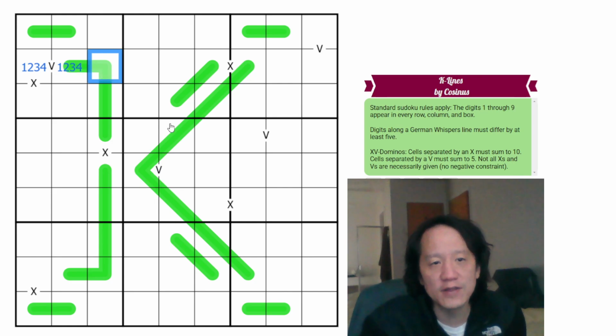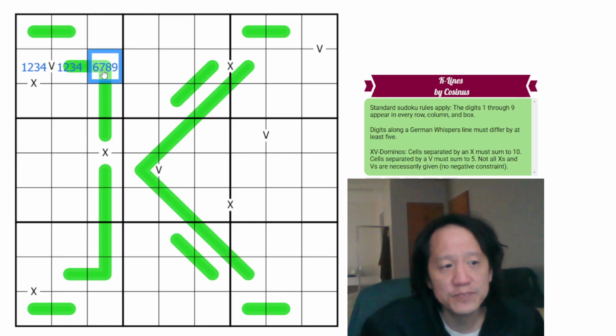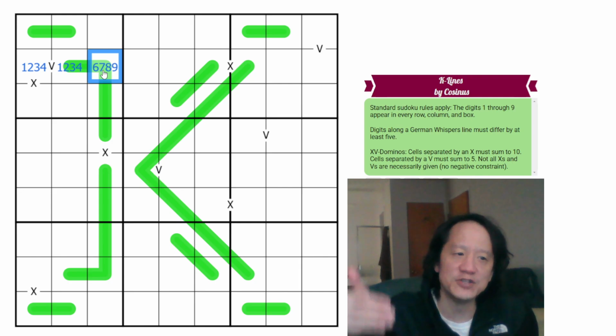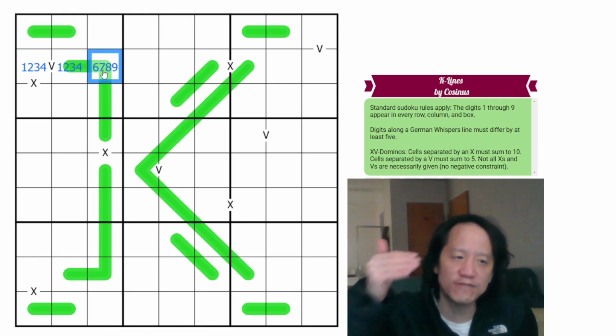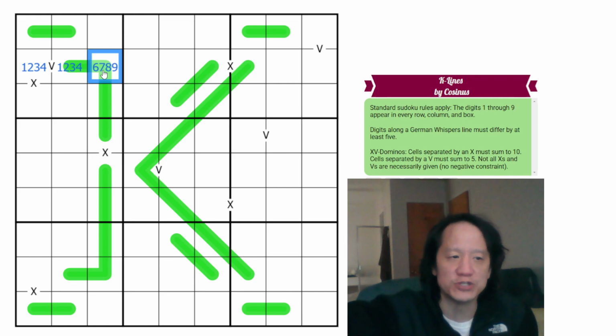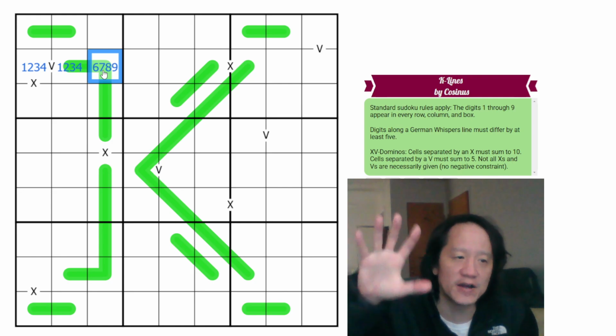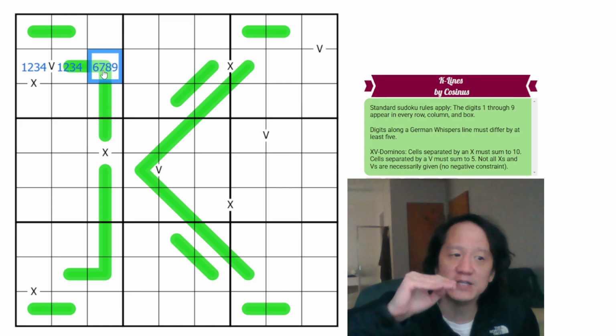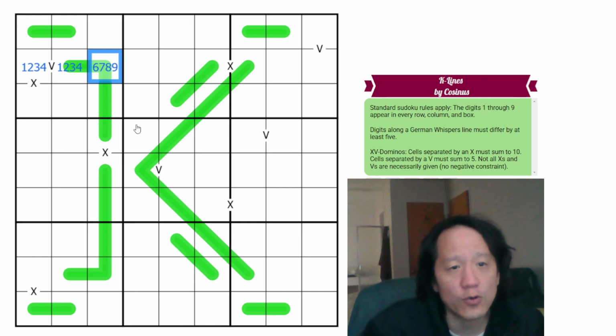And if you look at adjacent digits from 6 through 9, the highest number you can have adjacent to it has to be a 4, because you have the highest number, which is 9, and you have a difference of 5 there. So that's 9 minus 5, which means the highest number you can have adjacent to it is 4. Therefore, this has to be 4 or lower.